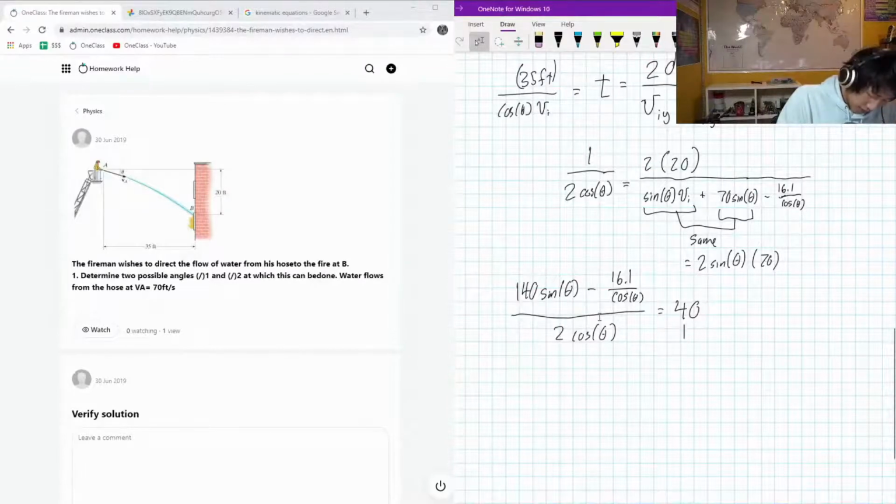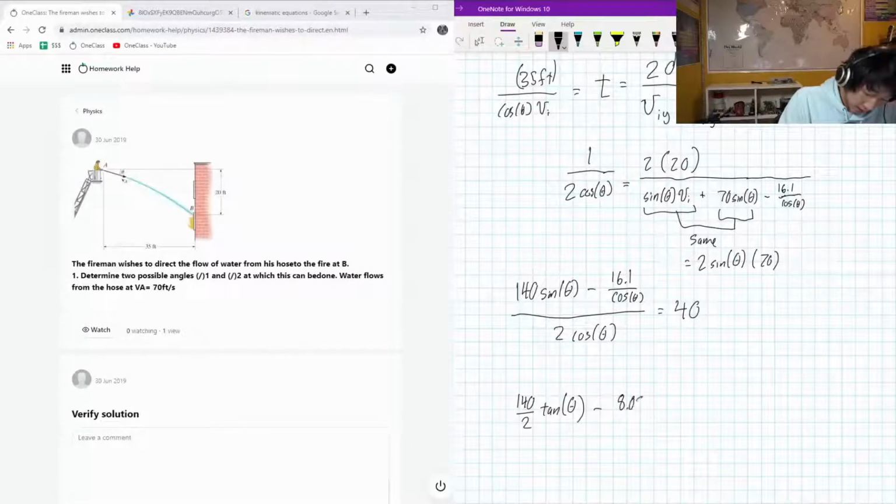So we know that sine divided by cos is equal to tan. So this is going to be 140 over 2 tan theta minus 8.05, that's 16.1 divided by 2, over cos squared theta.